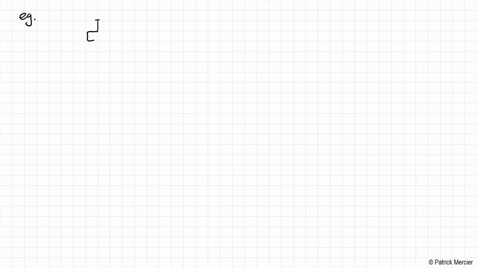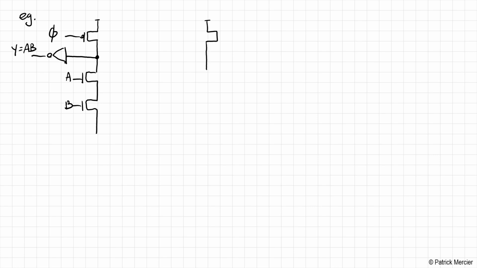We have our PMOS header, and then let's go ahead and build the NAND gate first. So it looks something like this. We have A, B. This is connected to the clock phi. The output here goes through an inverter, and this is equal to Y = (A and B) complemented. So again, that's the NAND function here. Then we have the other side of the circuit that's going to do the complementary function.